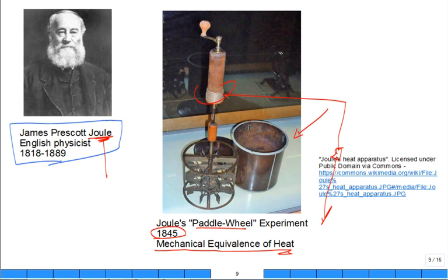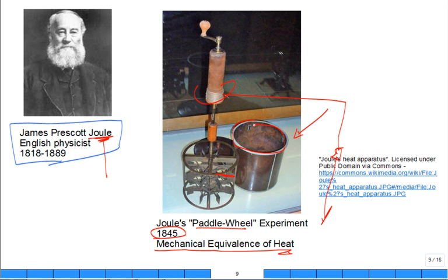Some of the paddles are stationary, and you put that into a nice insulated container where they had made good measurements on heat transfer. They knew the specific heats of fluids very well, so they could measure temperature very well, and they would watch it heat up.